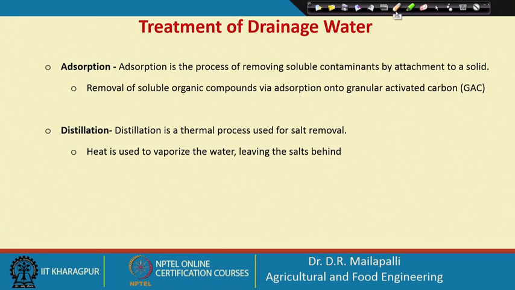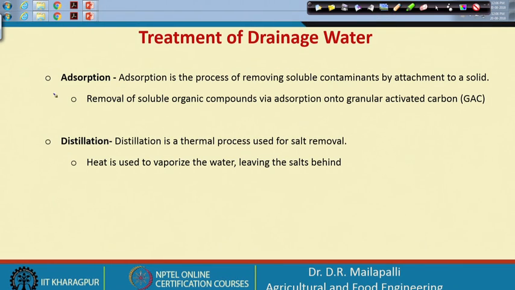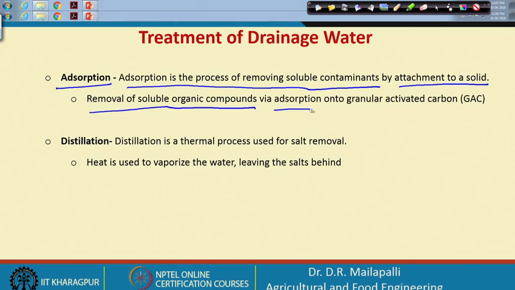The other one is adsorption. This is a chemical treatment. Adsorption is the process of removing soluble contaminants by attachment to a solid. For example, removal of soluble organic compounds via adsorption onto granular activated carbon.